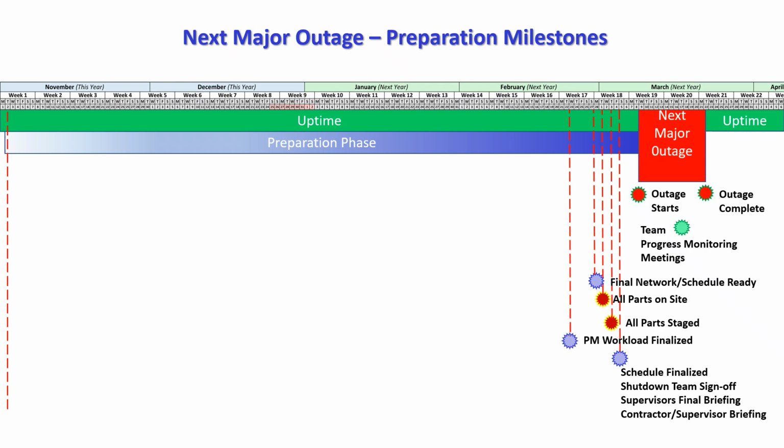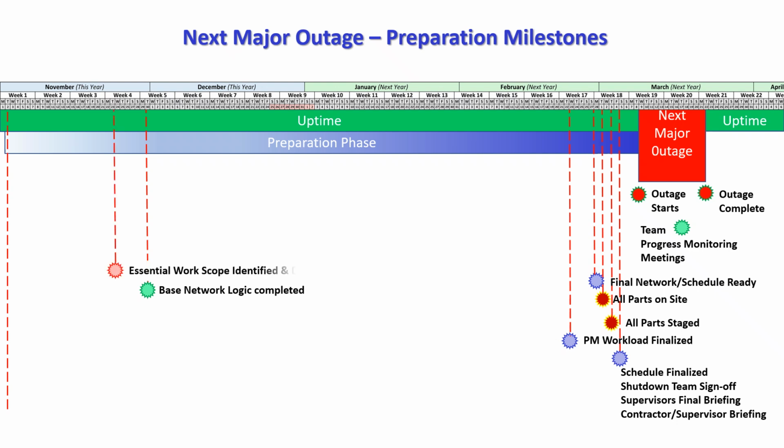And in order to do that, we need our PM workload finalized, in which case the PMs for the new year need to be triggered in the CMMS so that we can upload them and include them in the plan, which means that a long time before that, we need our base logic network complete.